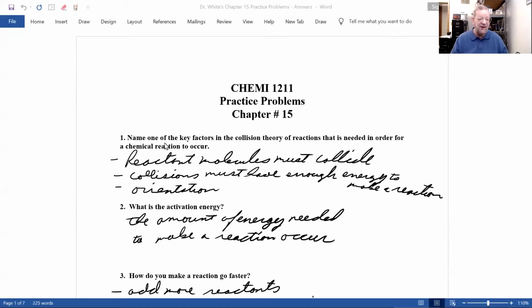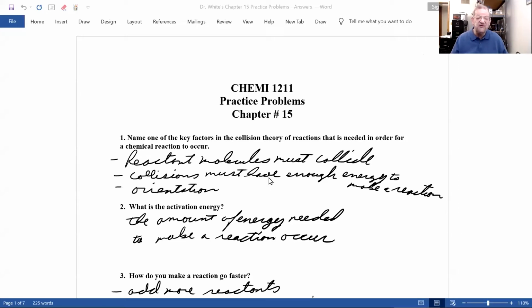First one, name one of the key factors in the collision theory of reactions that is needed in order for a chemical reaction to occur. You only have to name one, but I give all three. The first one is reactant molecules must collide. That's why it's called the collision theory.